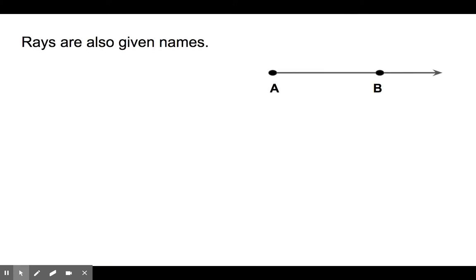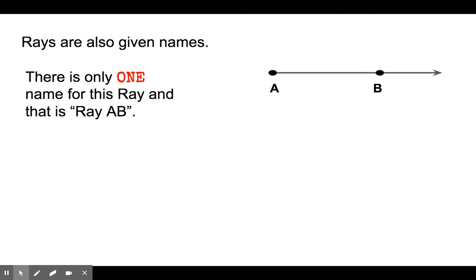So here's our ray AB, and it's also given a name. But this time there's only one name for this ray, and that's ray AB. It's written like this. You have the letters A and B, and then this mini little ray on top. Now pay attention to where this dot is, because that's where the endpoint is in our ray.